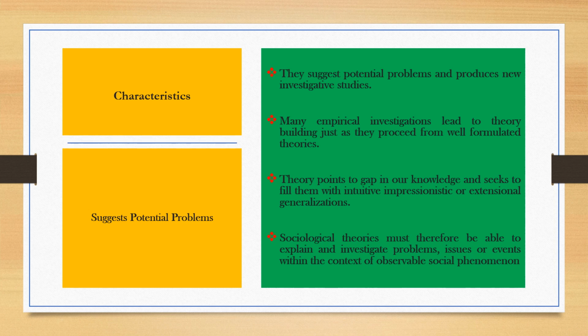For instance, if it is on theories of crime, the proposition in that theory will tell us that there are certain factors or conditions that predispose individuals' engagement in crime. And therefore, those conditions present the problems that exist in society and which predispose individuals to criminal acts or criminal conduct.